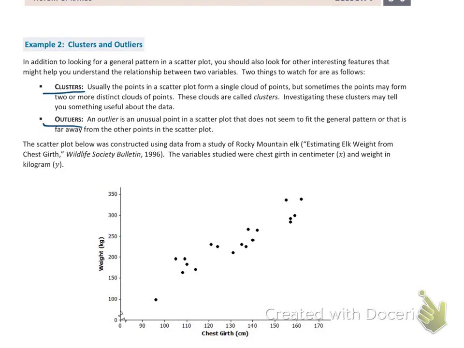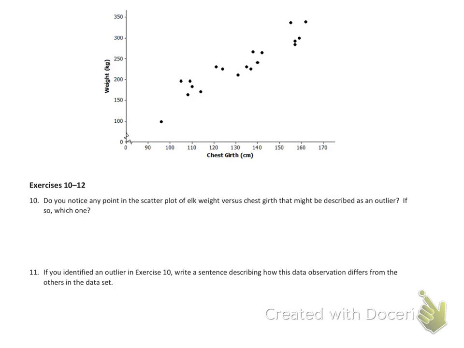Chest girth you might not be as familiar with, but girth just means how far around. So they would be measuring the elk right around their chest, and measuring it in centimeters all the way around. Let's see, we have some questions here. All right, so exercise 10 asks you to look for any outliers in this data.